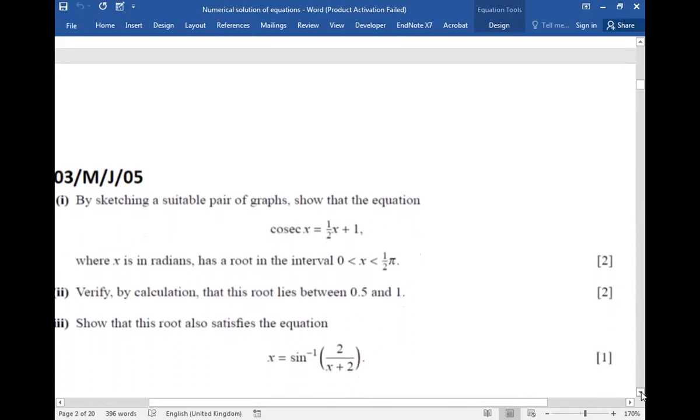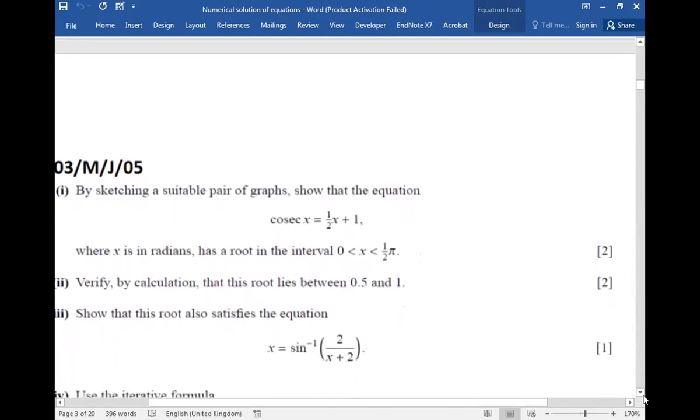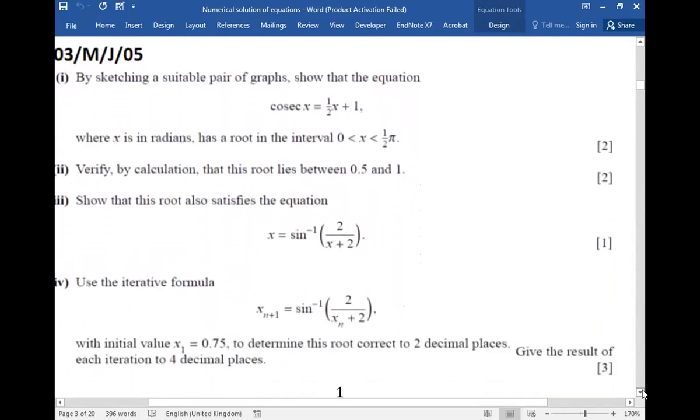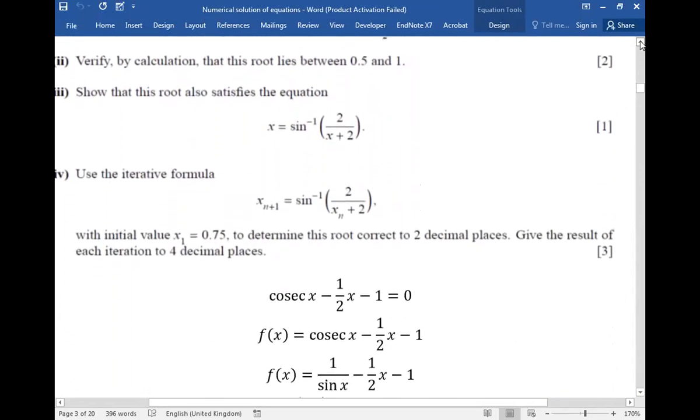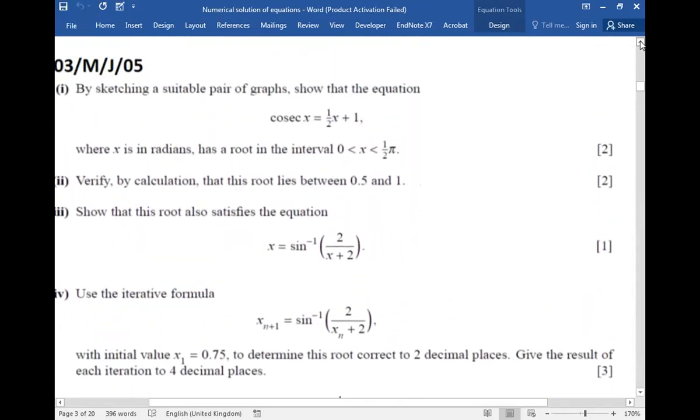Yes, sir. Okay, class. This one involves some sketching. Cosec x. By sketching a suitable pair of graphs, show that the equation, again in this one, what will we do? We are not doing it right now because that is not our focus. We'll sketch the graph of cosec x, which will be a curve, and we'll sketch the graph of the line half x plus 1, which will be a straight line for the domain 0 to half pi.